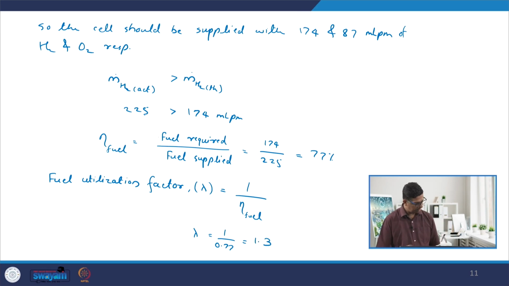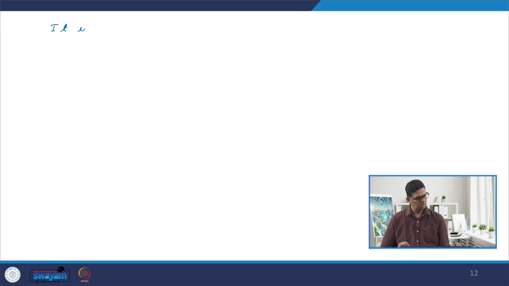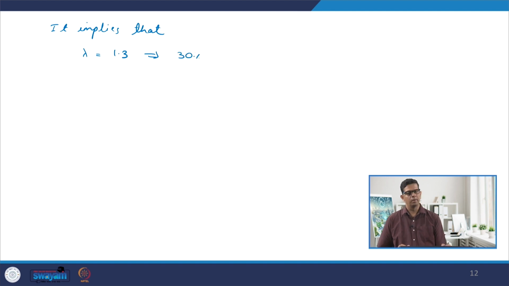So, what does it imply? When we have a fuel utilization factor of 1.3, let us say lambda is 1.3, it means I am supplying 30% excess fuel.